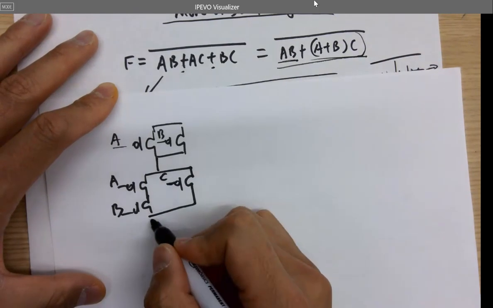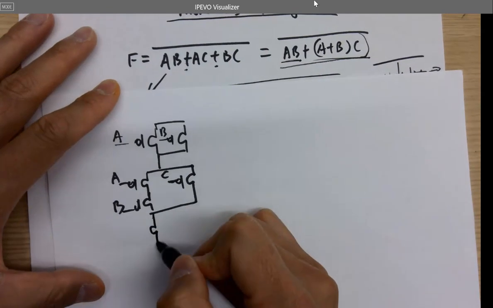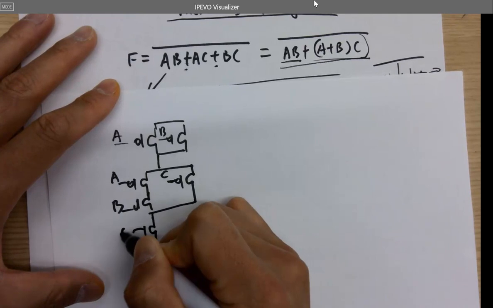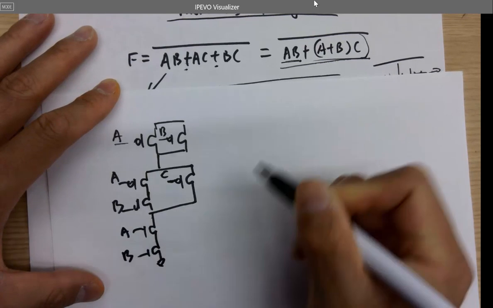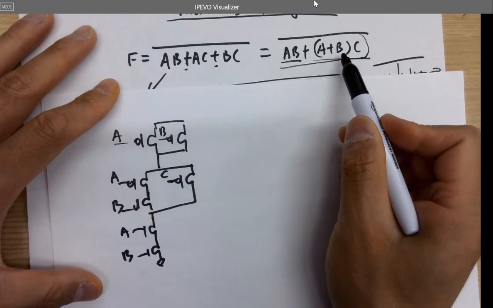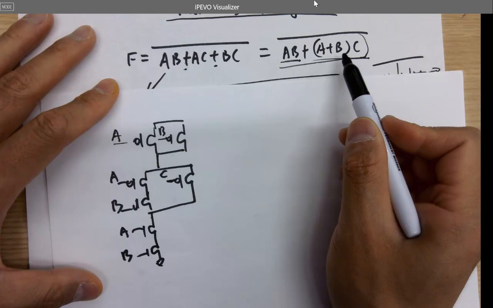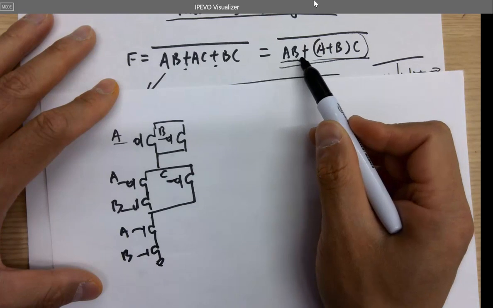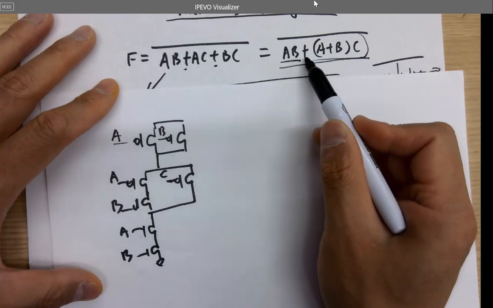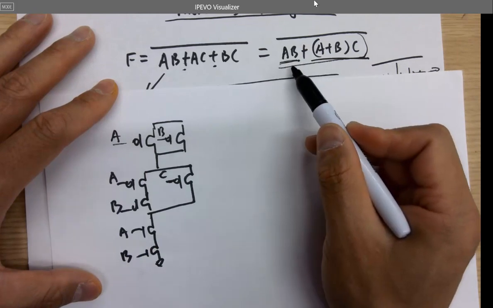So for NMOSes, A, B are in series, and it's a NOR gate, so the NMOSes are, so these and these are in parallel, right?